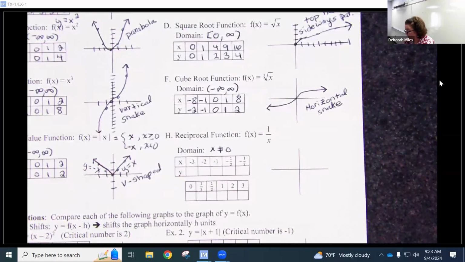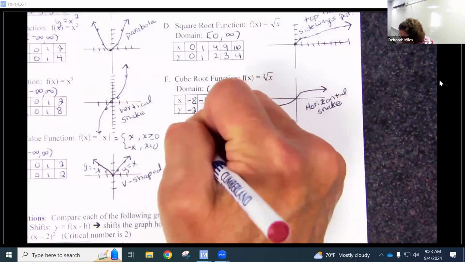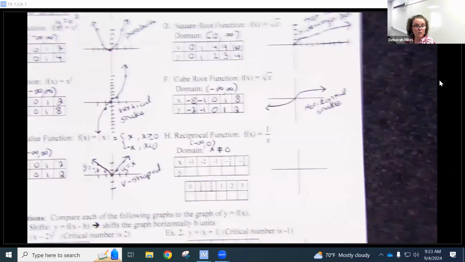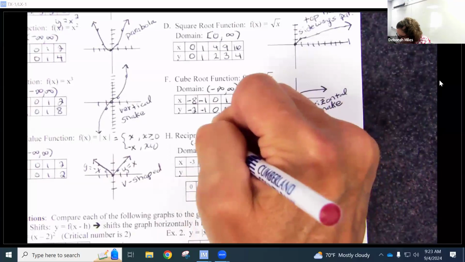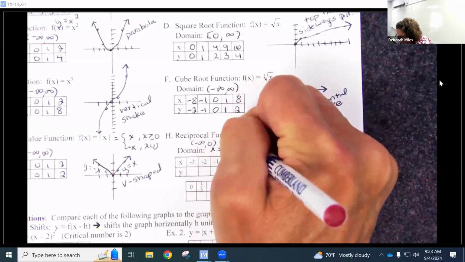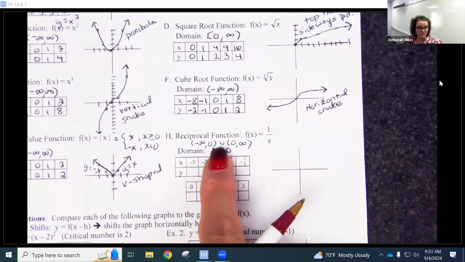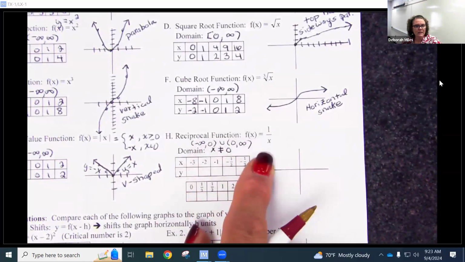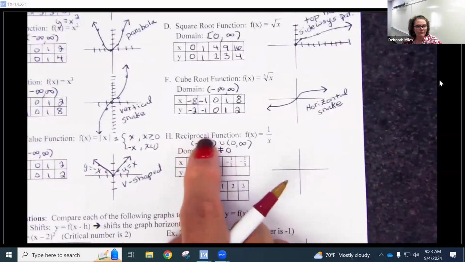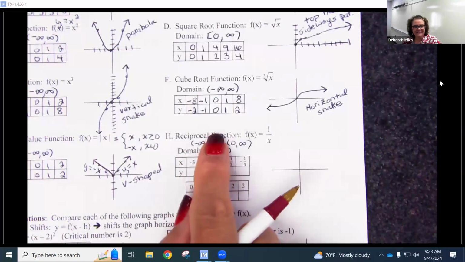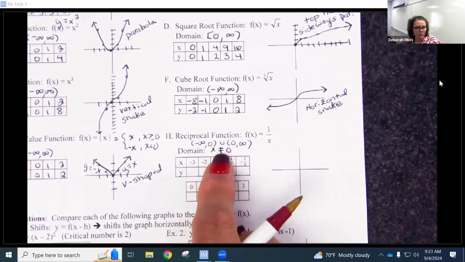Now that can be written in interval notation: -infinity to 0, not including 0, and then 0 to infinity, not including 0. That's the union symbol between those two intervals. It just means the domain is all of these numbers and all of these numbers. X is not equal to 0 is just an easier way to write it.